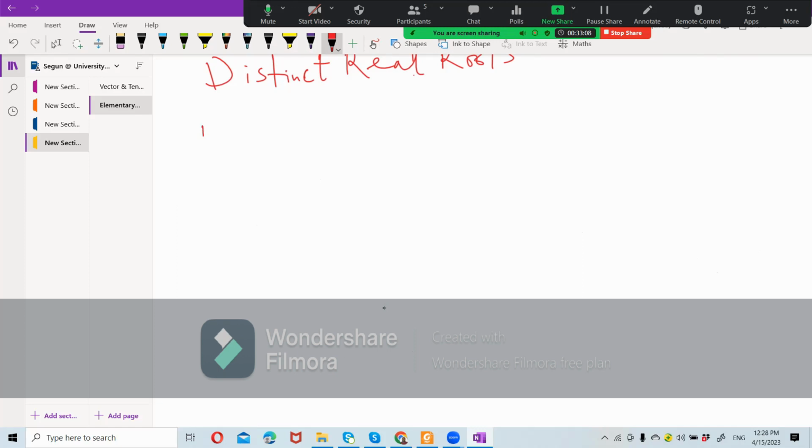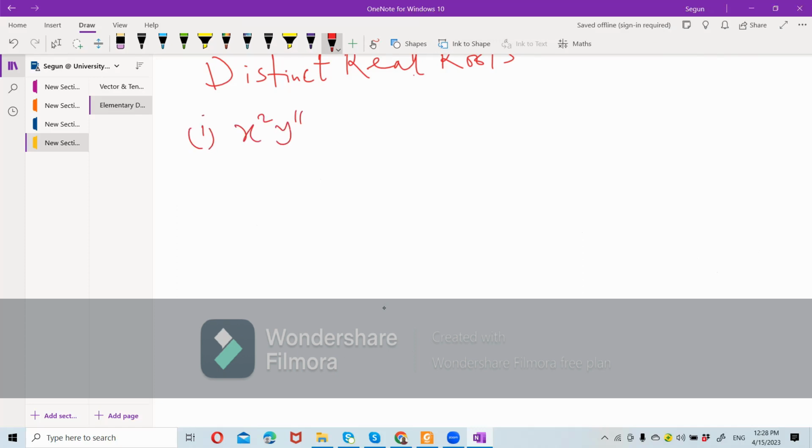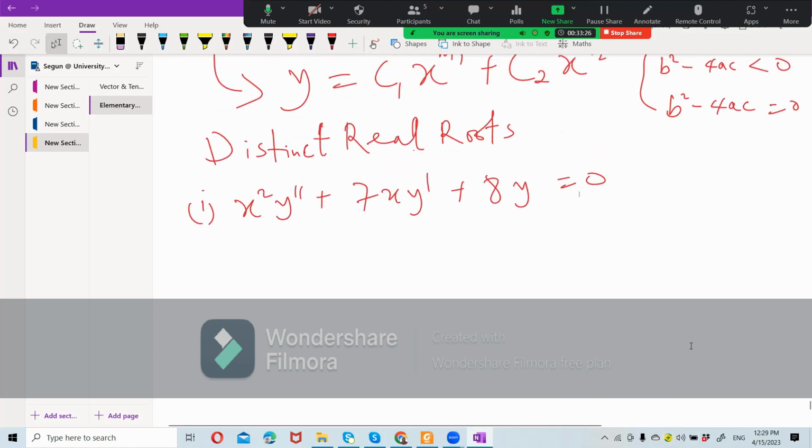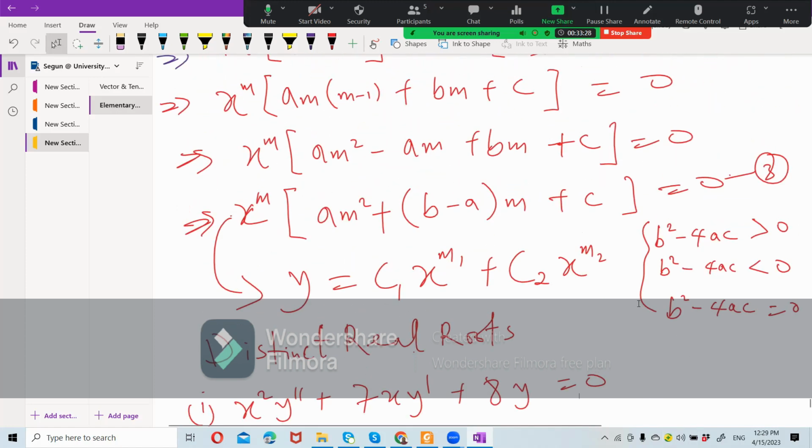You have Roman figure 1, x squared y prime prime plus 7xy prime plus 8y equals to 0. So they asked us to solve this problem. Now, please don't forget this equation 3 because you'll be using this equation 3 all through, especially the quadratic equation.